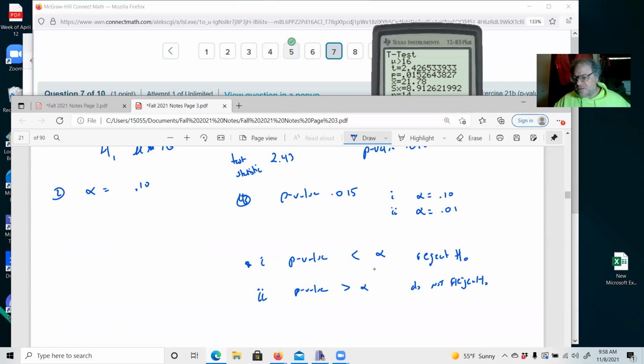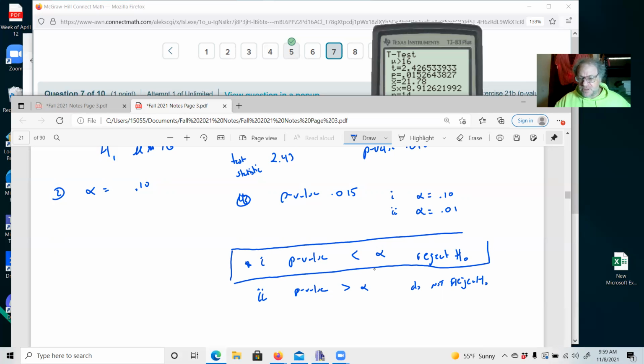So depending on where you set your alpha, you get to make a different decision, and that's not really being fair to your experiment. You set up your experiment, you decide on your alpha, then you run the experiment, and you already have a criterion for the cutoff, and you're not allowed to go back and change it afterwards.